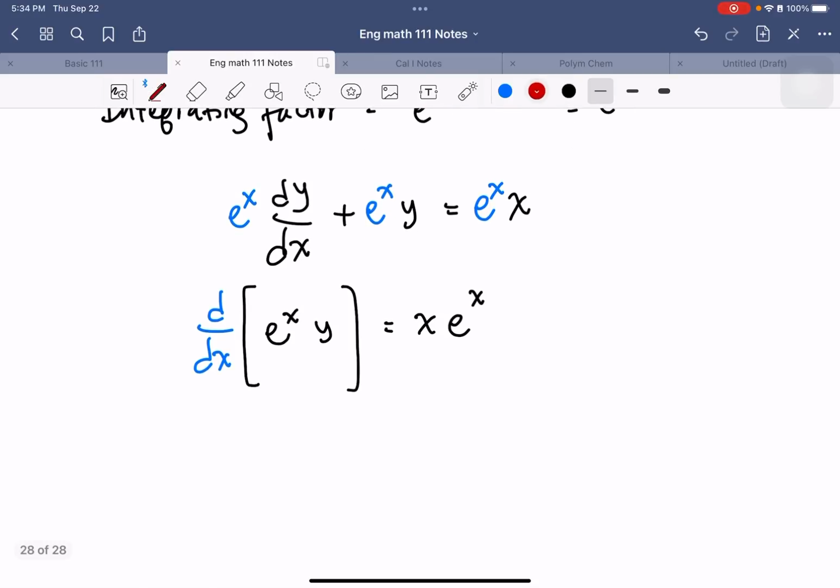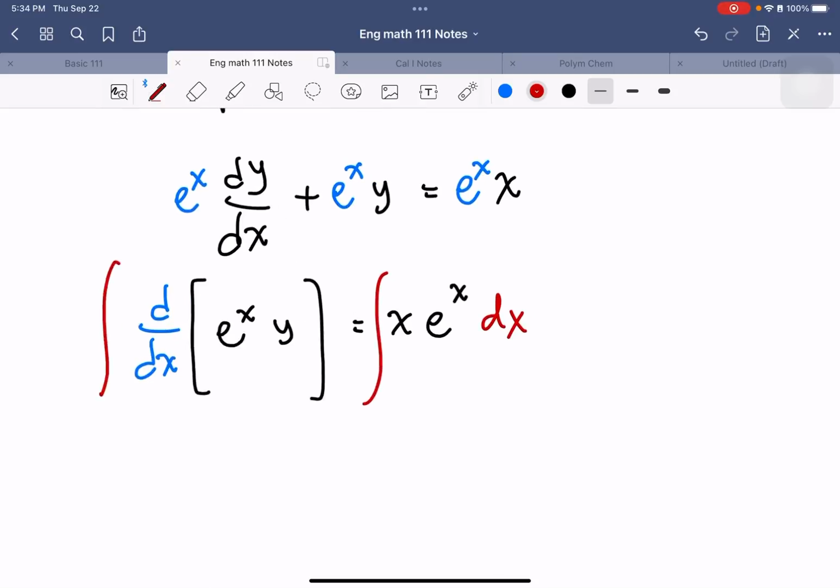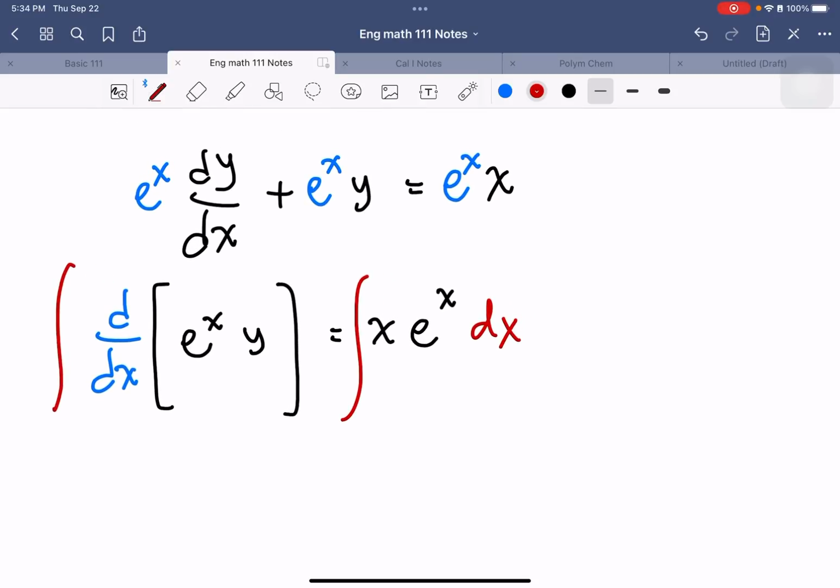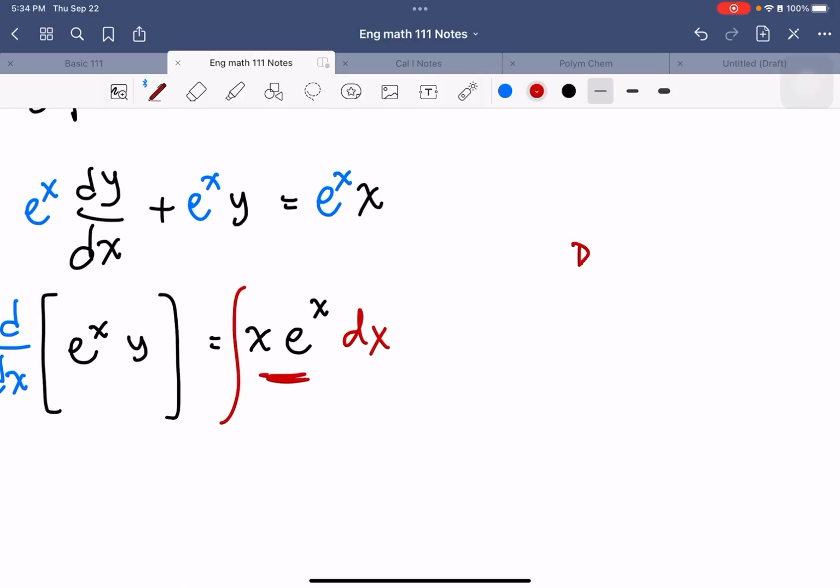And of course, we can integrate both sides. We need to integrate x e to the x. Do you still remember how? We can use integration by parts, or you can use my method here.